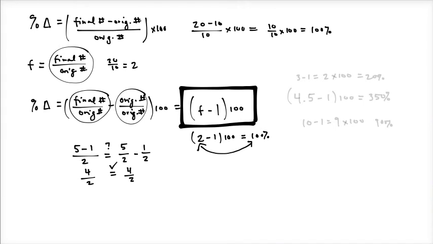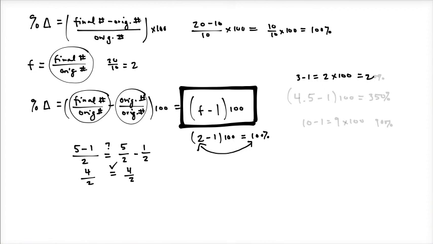In case this is still a little bit abstract to you, let's just do a couple more examples. Let's say something went from 10 to 30, so you know that it tripled. So what is the percent increase? Well, you just take 3 minus 1, and you get 2, and then you multiply that by 100.